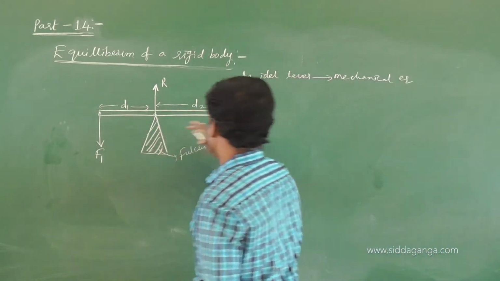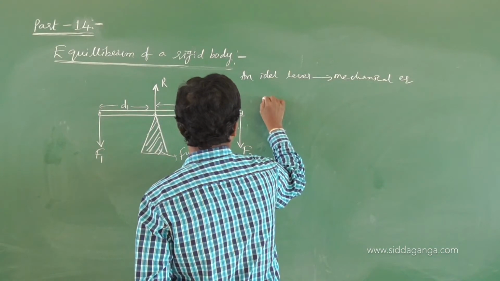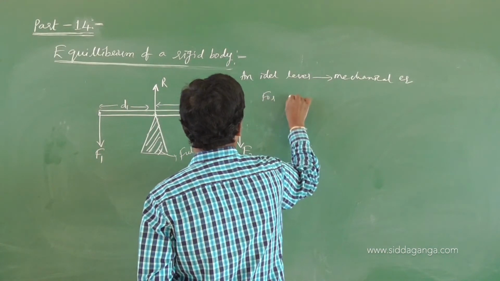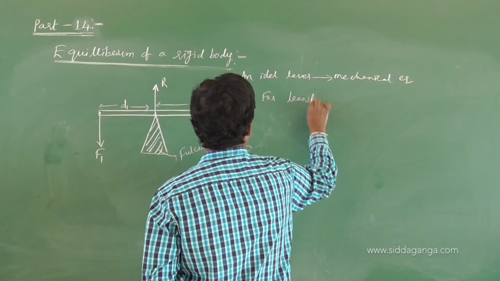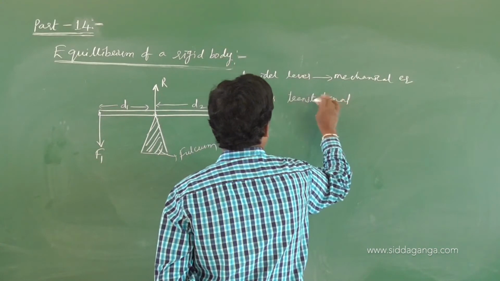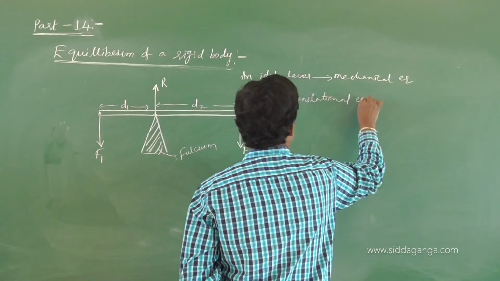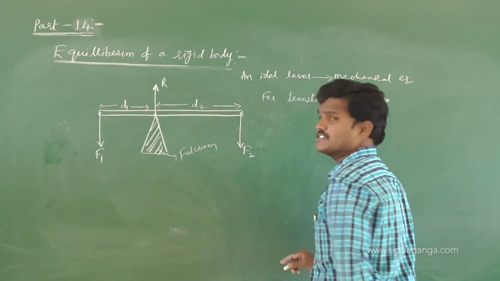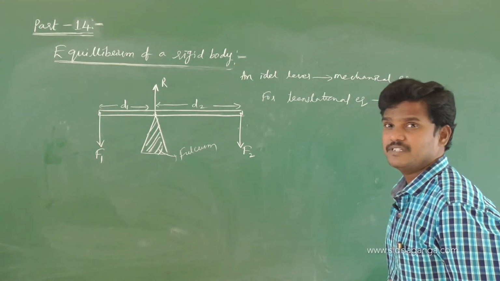So for the lever to be in translational equilibrium, just balance the forces. Net force must be 0.